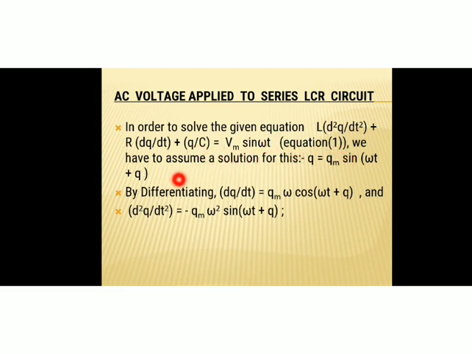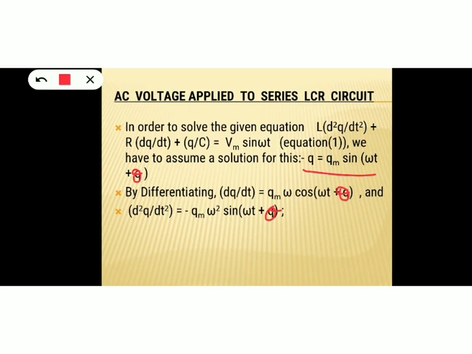Now, we have to assume a solution for this because that is the procedure to solve any second order differential equation. You might have studied the solution for second order differential equations in your mathematics classes. So, let the solution be q equal to qm sin(ωt + θ).